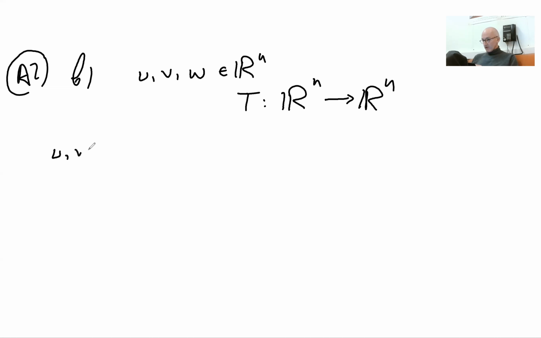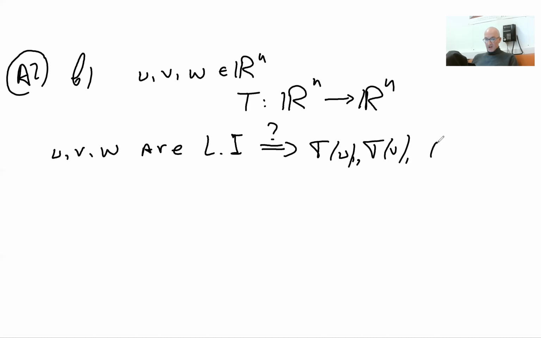So basically, u, v, w are linearly independent. Is it true that this implies that T(u), T(v), T(w) are linearly independent?